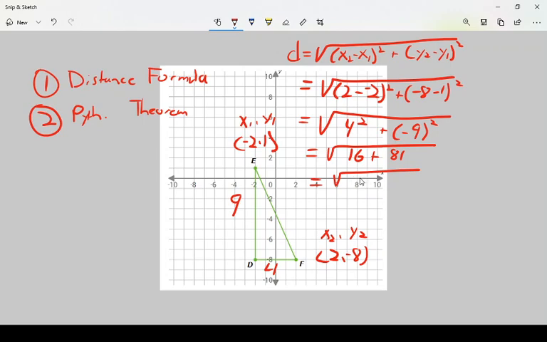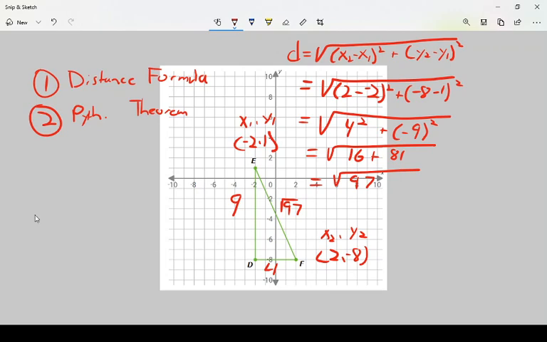Square root of 97. Okay, and so we have the square root of 97 as our missing side. And if you can break down the square root of 97 into smaller terms, feel free to do so if you're able to. In fact, IXL will probably tell you you're wrong if you don't do that.